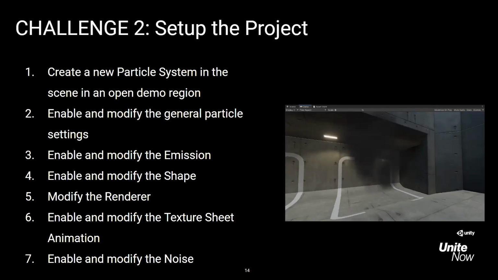We're going to modify the emission and the shape again. But this time we're actually going to modify something called the renderer module, and the texture sheet animation. So we're going to move into new territory here. We will add textures to each particle, and then we're going to be using a texture sheet to animate different effects so that each particle doesn't look exactly the same. And yes, we will use some noise again as well.